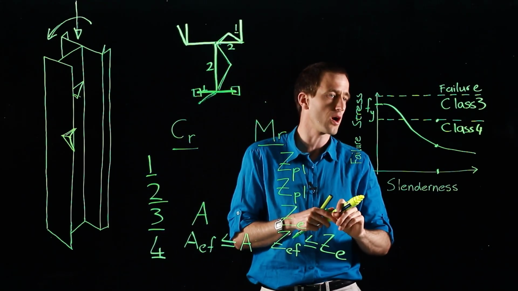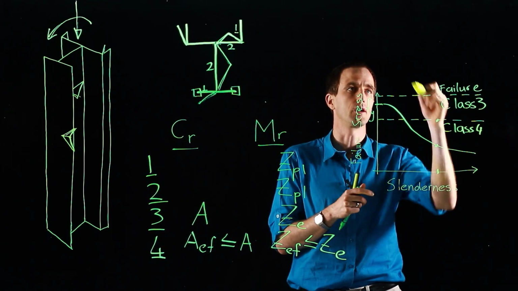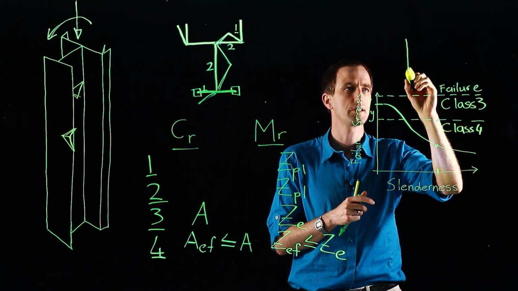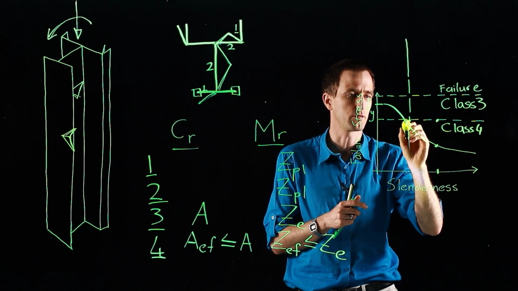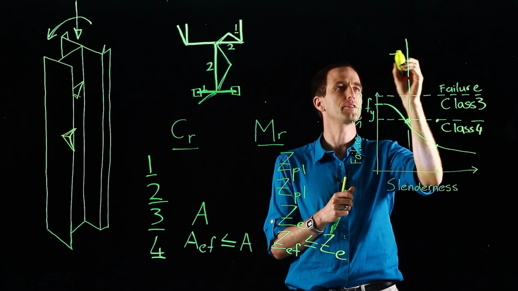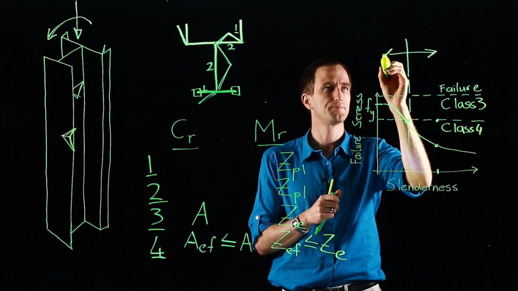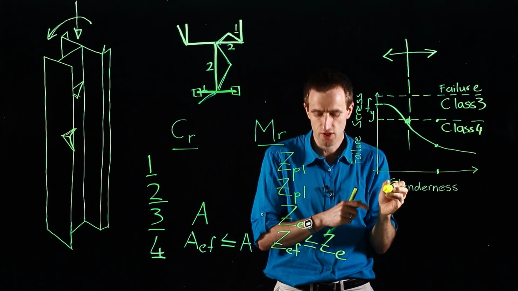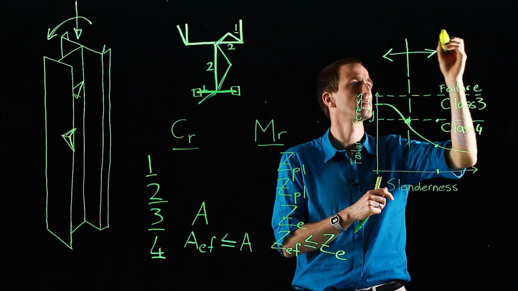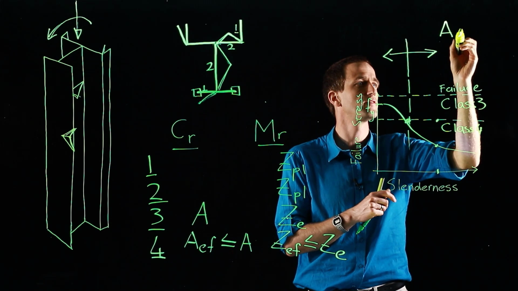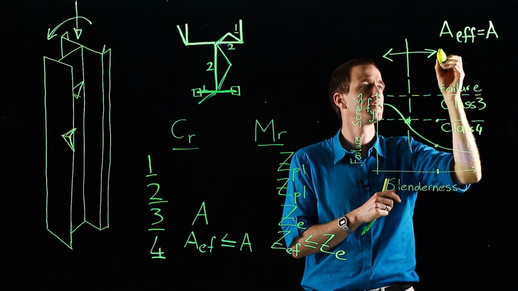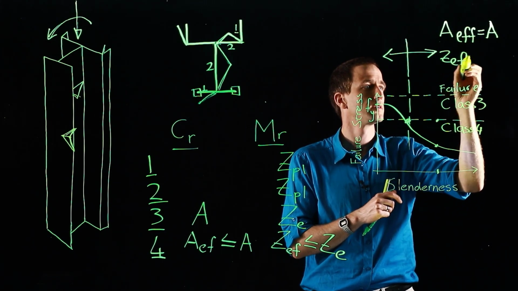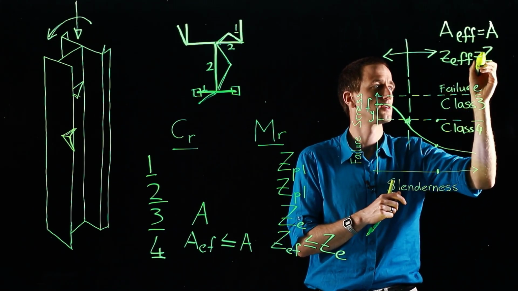So let's then graph that on our graph here. Let's say this is the point at which local buckling occurs. So for the section on the right-hand side, we use our full area or our full Z modulus.